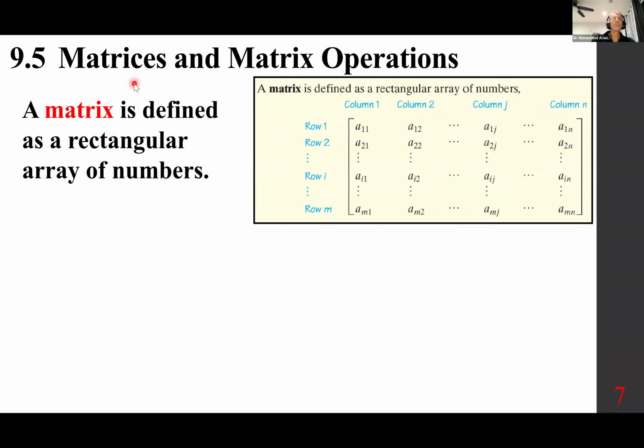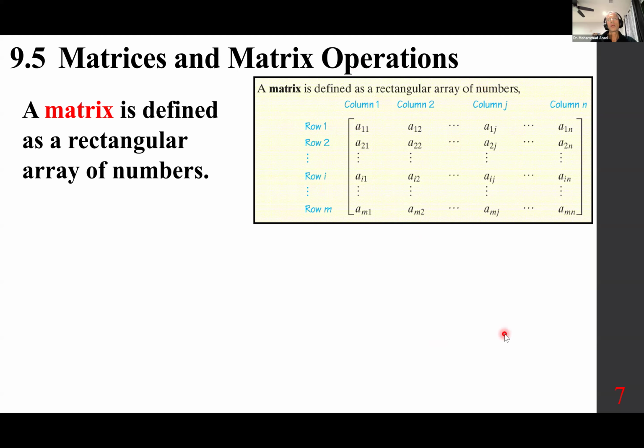And now 9.5, matrices and matrix operations. A matrix is defined as a rectangular array of numbers. You have a number of rows, row 1, 2, all the way to row n. You have various columns, column 1, column 2, and so on.